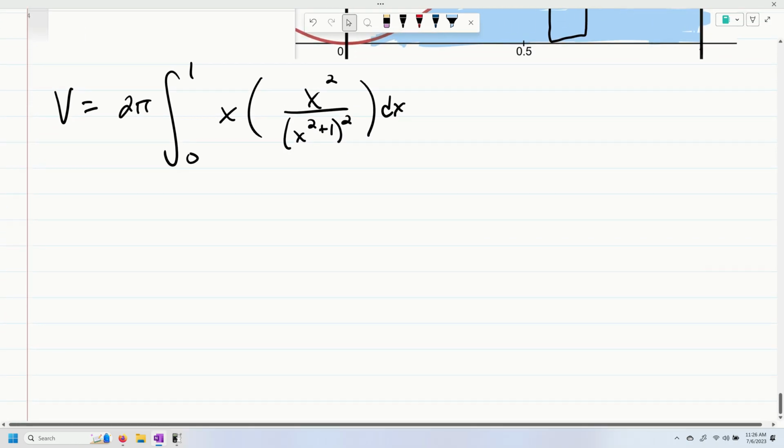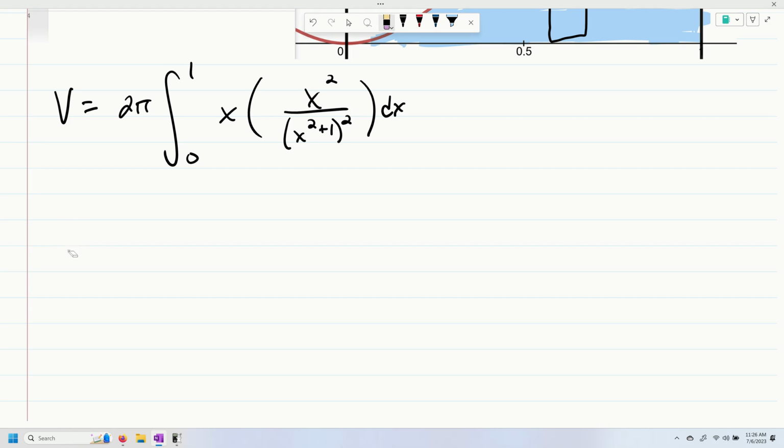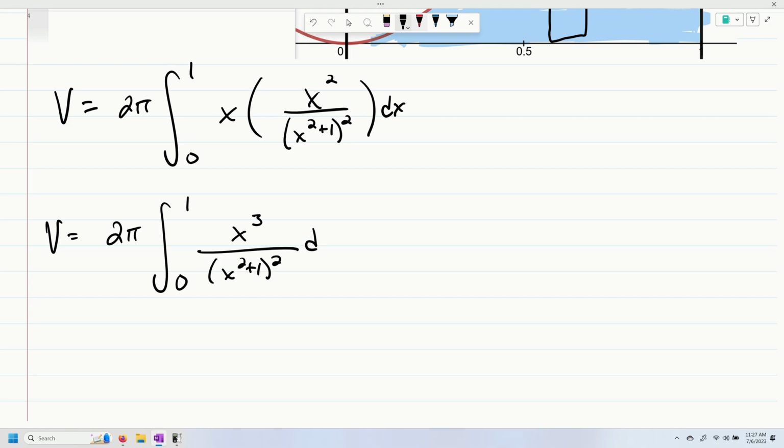So now it's just a matter of simplifying a little bit. Let me write volume, sorry. Volume equals 2 pi times the integral from 0 to 1 of x to the third over x squared plus 1, all raised to the second power.